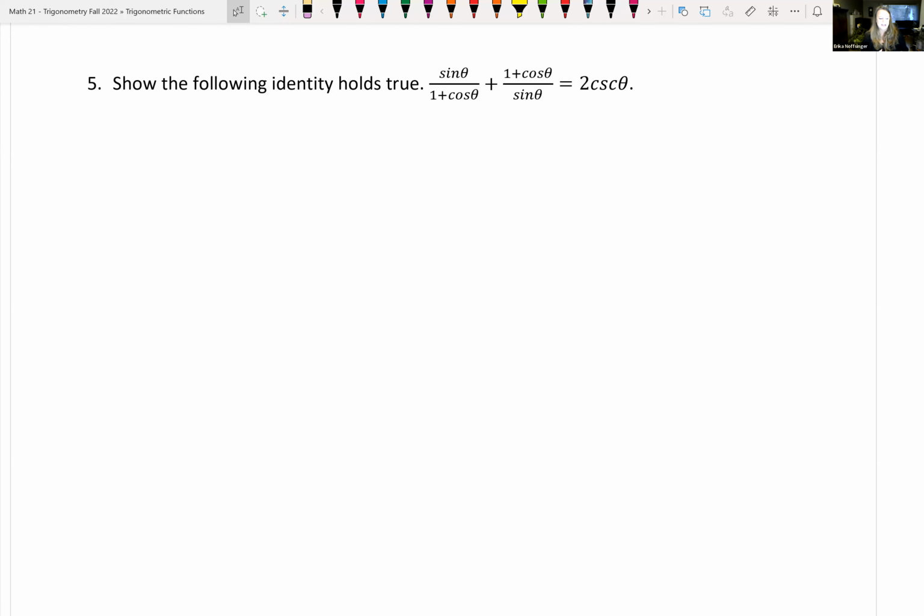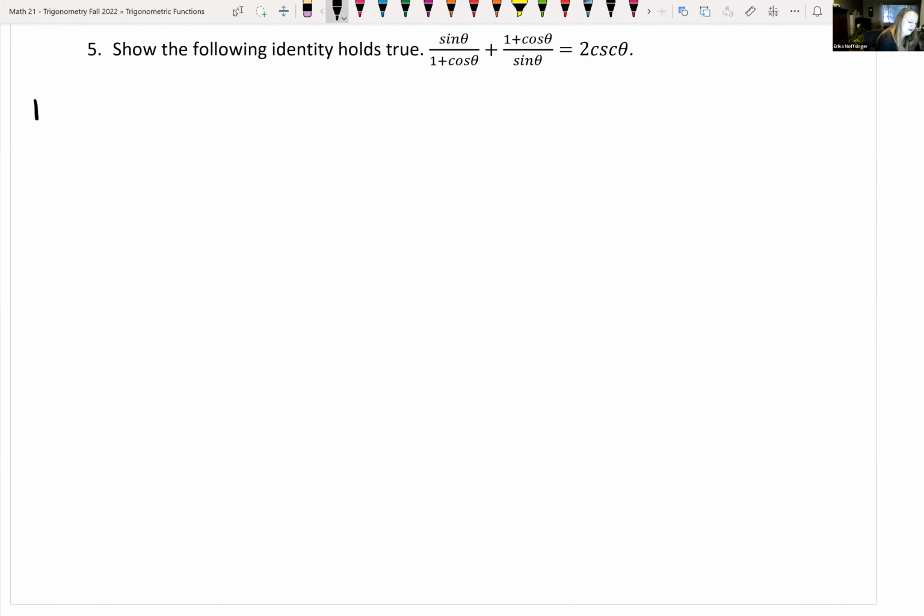So looking at this, I'm going to put LHS, meaning that I'm working on my left-hand side. I have sine theta all over 1 plus cosine theta, plus 1 plus cosine theta all over sine theta, equal to 2 cosecant theta.